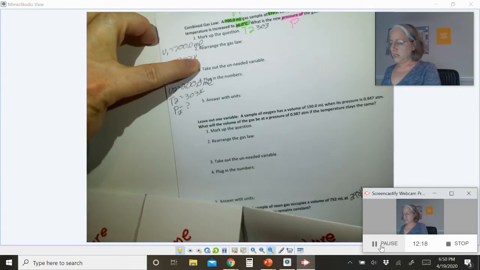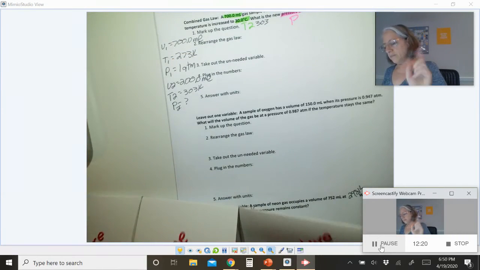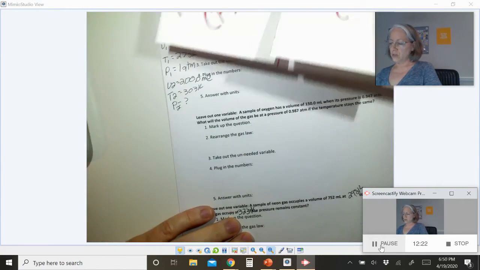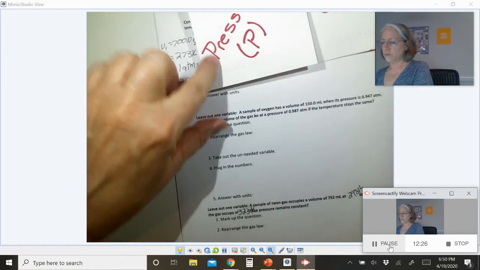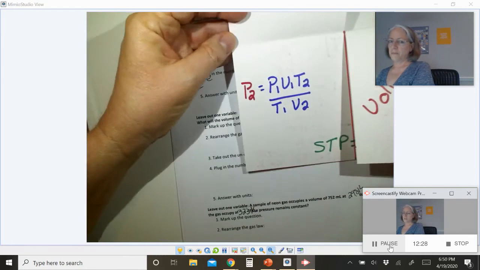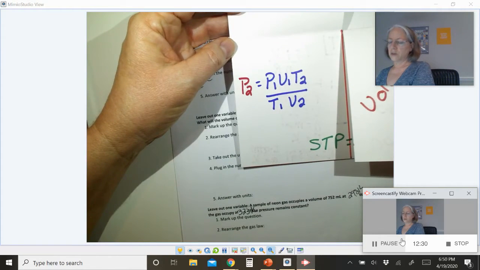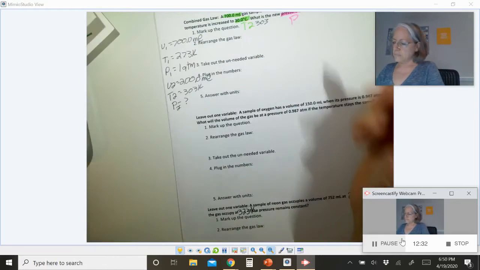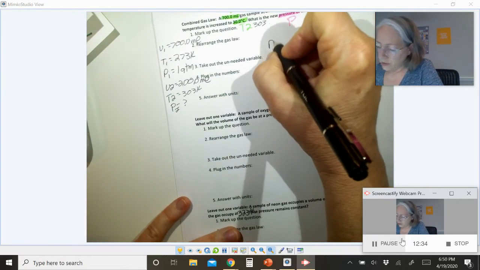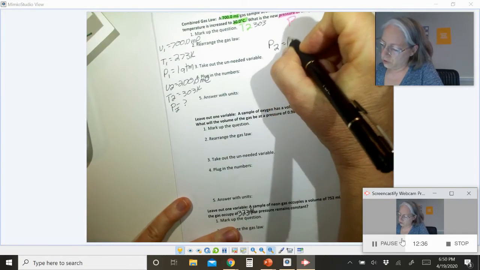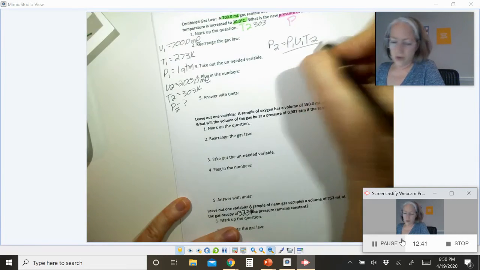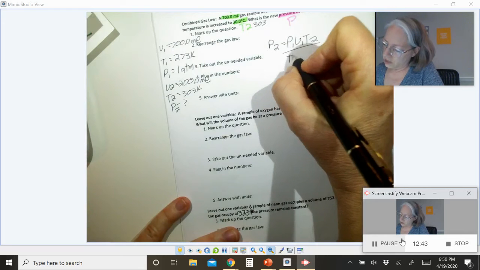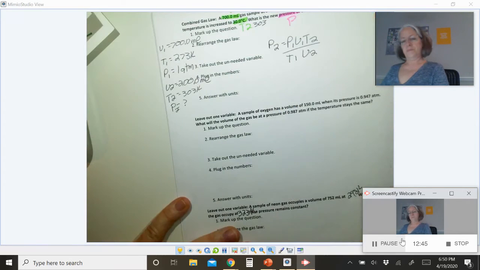I'm going to take out the unneeded. We haven't done that step yet. We're going to plug in our numbers, rearrange, and plug in the numbers. So pressure is what we're looking for. Fold it up. Here's our formula that we're going to use. Write it out. P2 equals P1 V1 T2 over T1 V2.